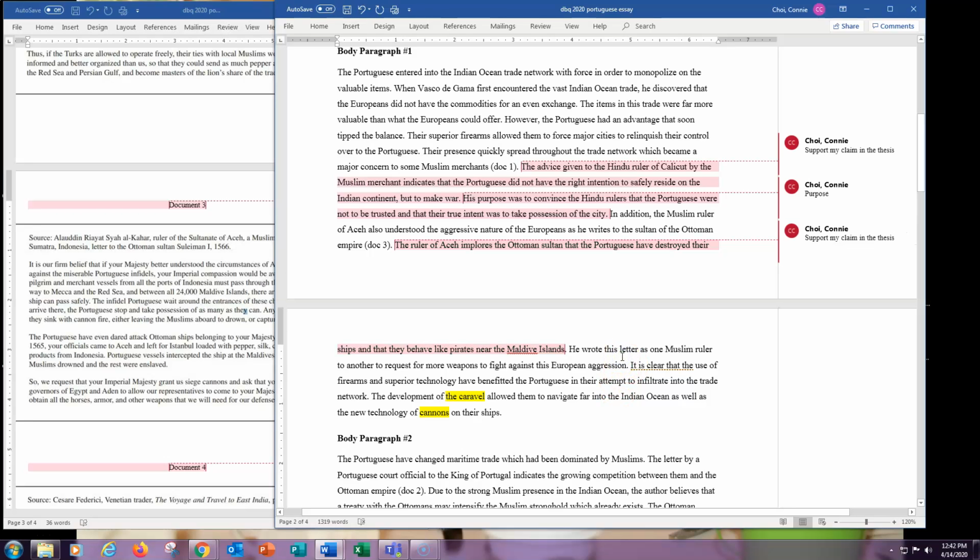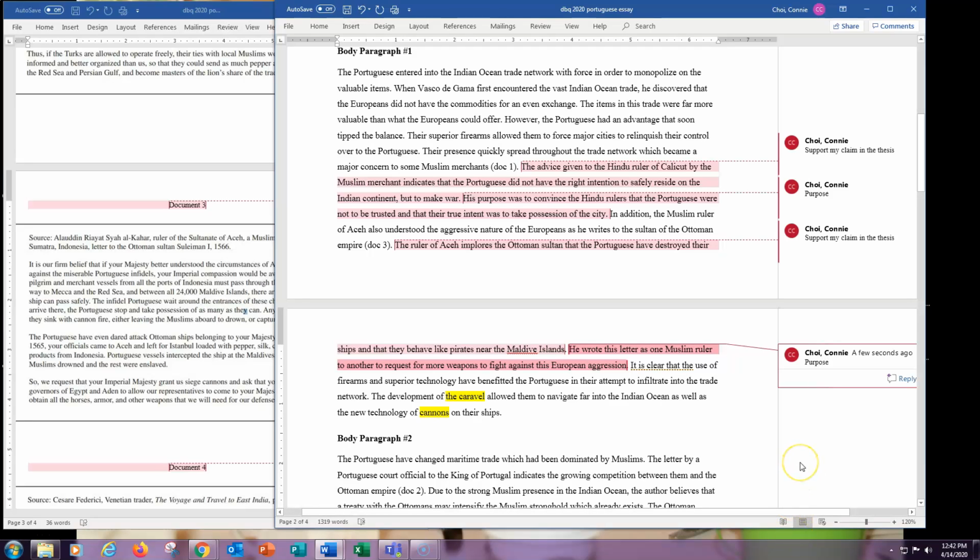And so the Aceh understands the aggressive nature of the Portuguese because he's experienced it. And he is writing to the Ottoman for some kind of a purpose, and that is what I am indicating in the next sentence. He wrote this letter as one Muslim ruler to another to request more weapons to fight against the European aggression.